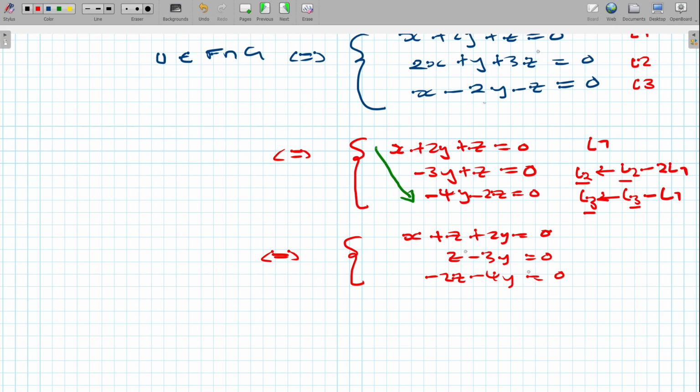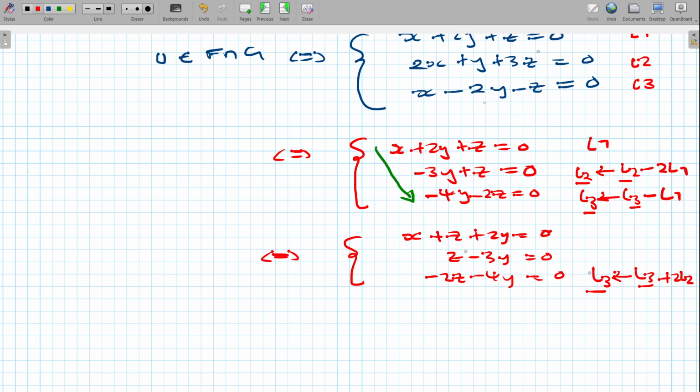So we leave la ligne 1 and la ligne 2 constant. Then we're going to change the last one using the second one. So here we're going to do this operation: la ligne 3 reçoit, the line 3 becomes la ligne 3. You can see that I follow the rule: la ligne 3 reçoit la ligne 3 plus 2 fois L2.